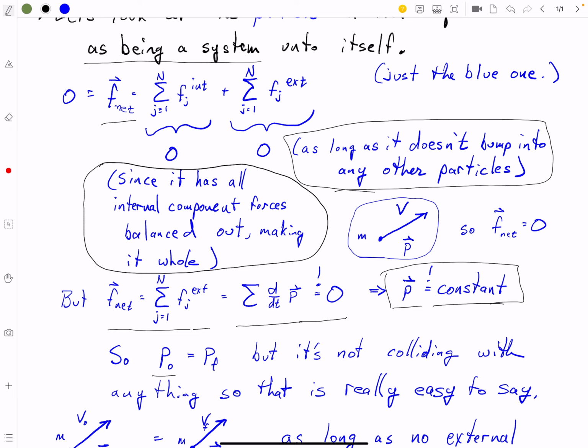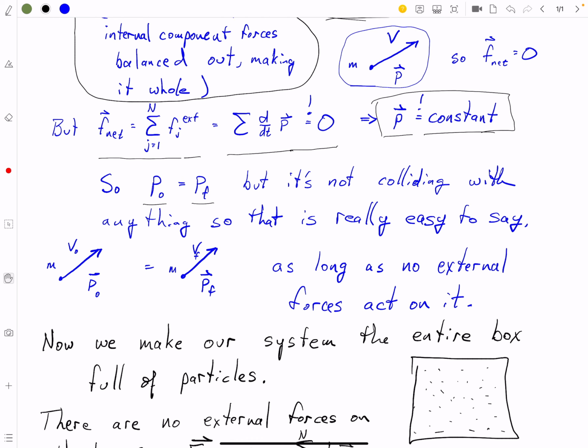So initially, let's say just after a collision, we're looking at it here. Finally, before it has another collision, we look at it, and it has the same momentum. So our system maintains its momentum because it's not colliding with anything.